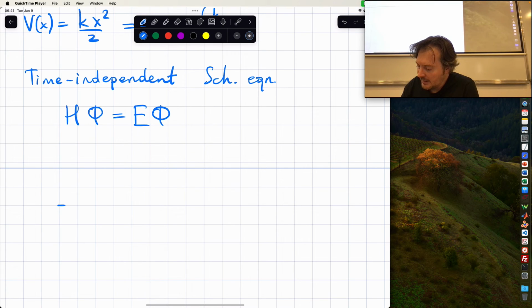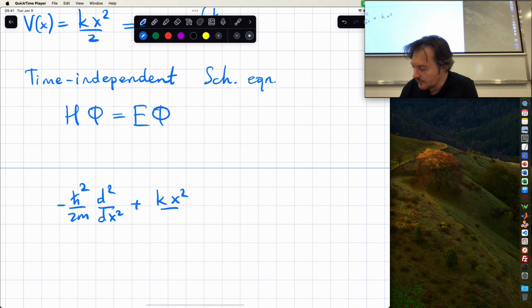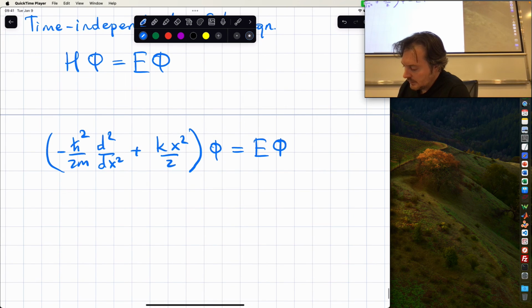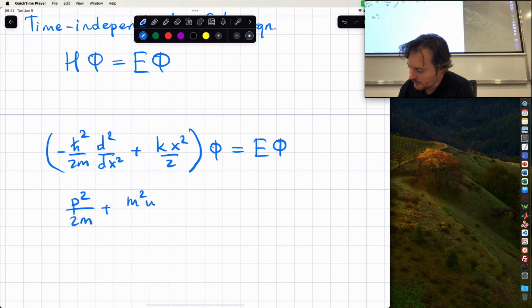H still has this minus h bar squared over 2m d squared over dx squared, but it also has this kx squared over 2. Let me rewrite it as p squared over 2m plus m squared omega squared x squared over 2.